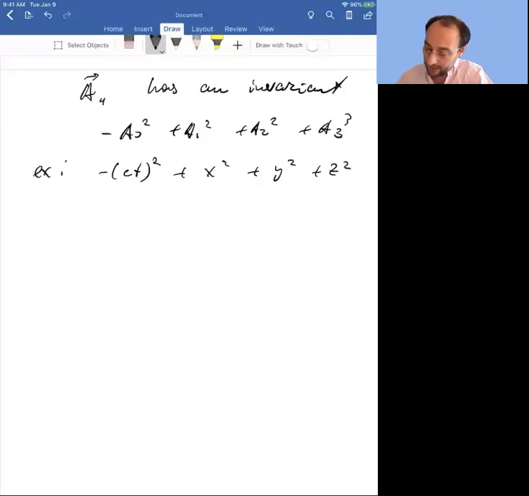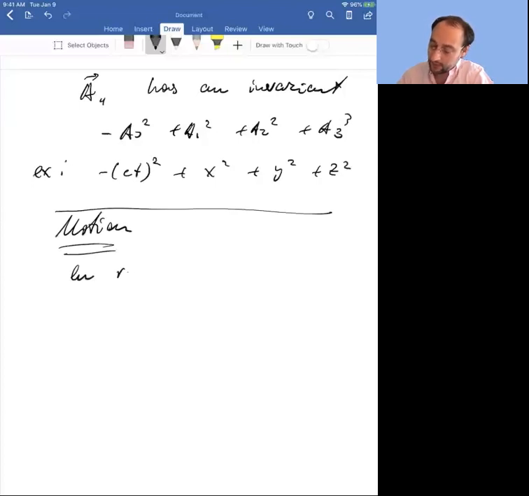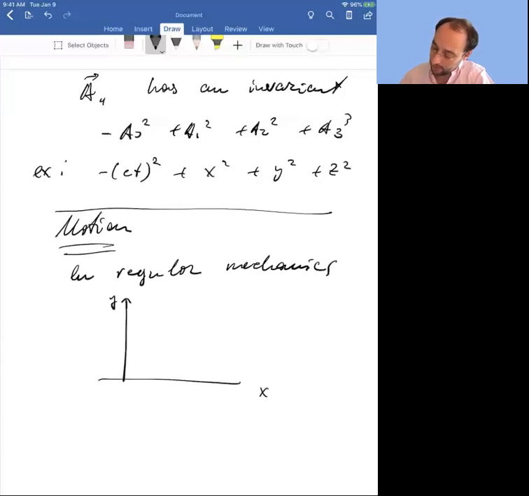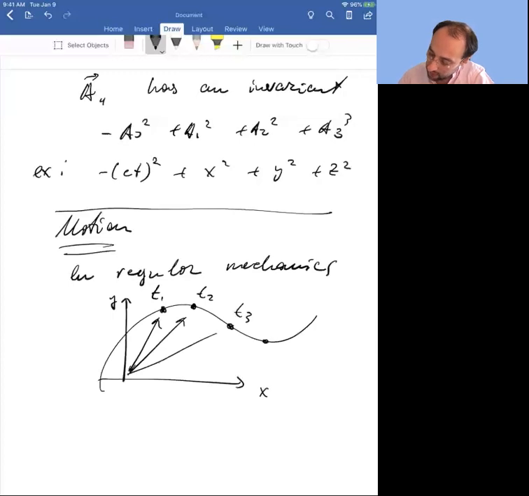So in regular mechanics, we have a situation like this. We have x, y, and a particle is moving, and you have a motion diagram with a parameter: t1, t2, t3. At each value of the parameter, you can assign a position vector.